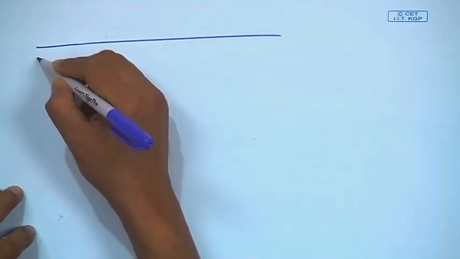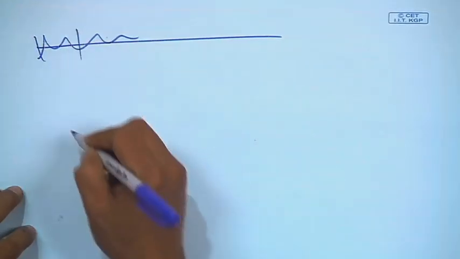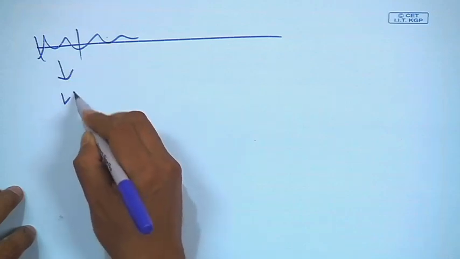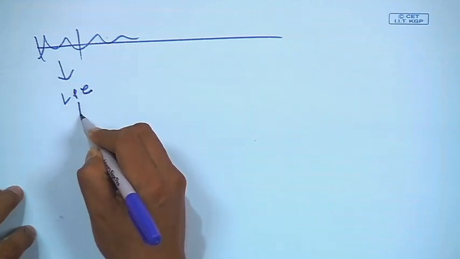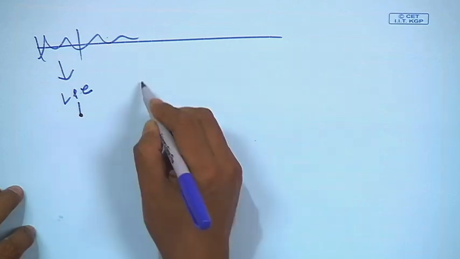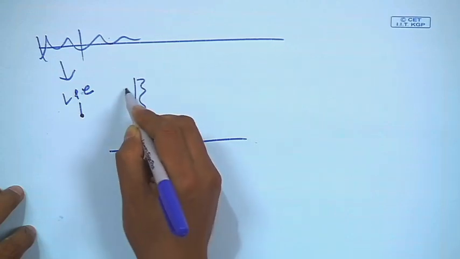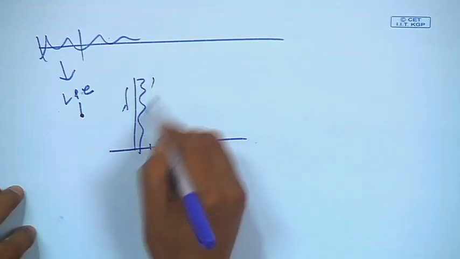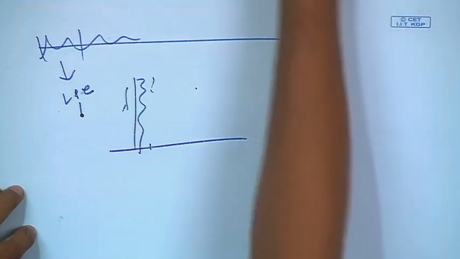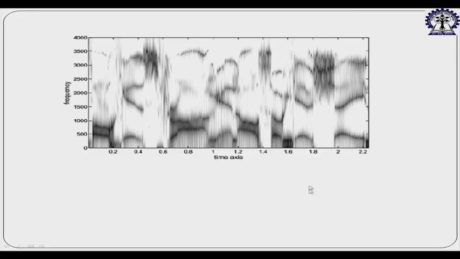Suppose you have a speech signal, you take a window, find the LPC coefficients, and draw the magnitude spectrum of the LPC coefficients. Then for that time, plot this on the frequency scale, shift the window, and plot again, and that way you get the LPC spectrogram.